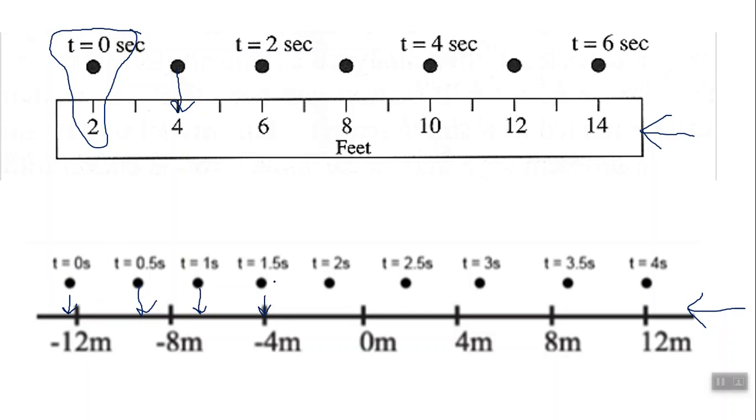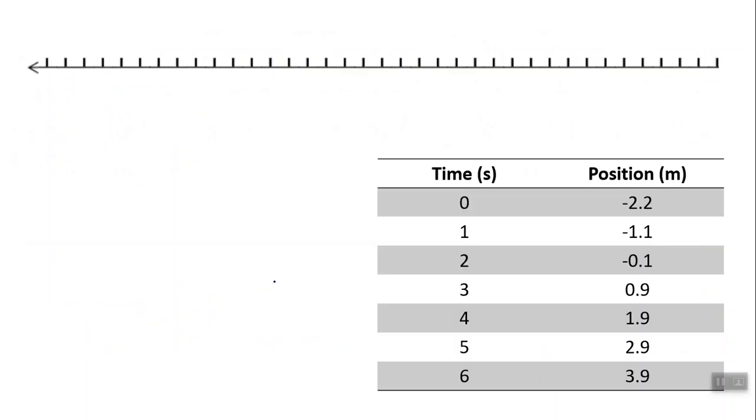So you guys are going to construct a motion diagram from your position time data for your lab carts. And here is the basic thing that you need to do to construct a motion diagram. The first thing you should do is decide what scale do you want to use on this number line. Everyone is going to have different scales depending on what your data looks like.